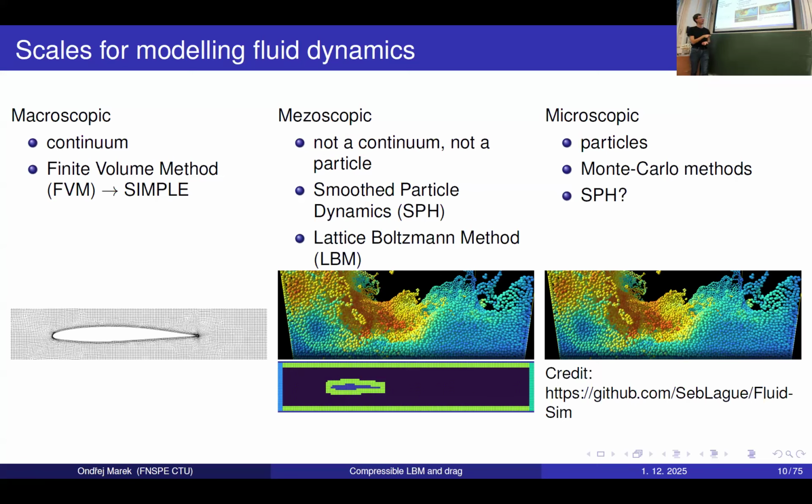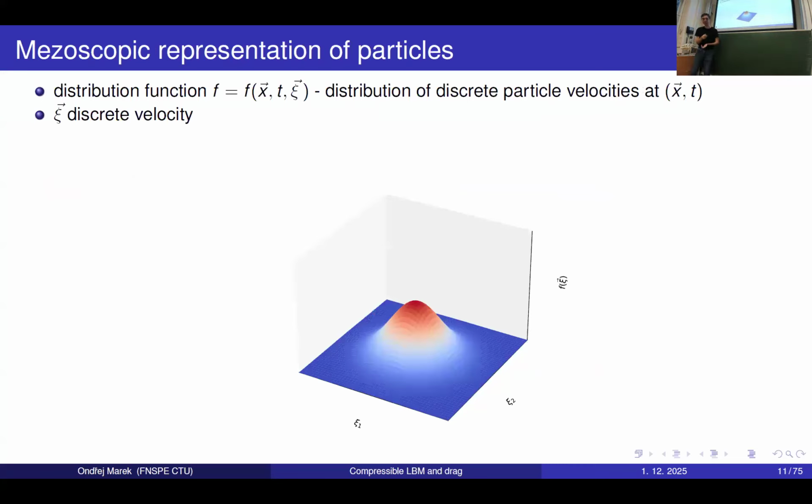And there lies the Lattice Boltzmann method, which, to start, describes at one point in space and time not only the macroscopic quantities, but also the particles themselves. So here in 2D velocity space, denoted by C, we have some distribution of velocities of particles.